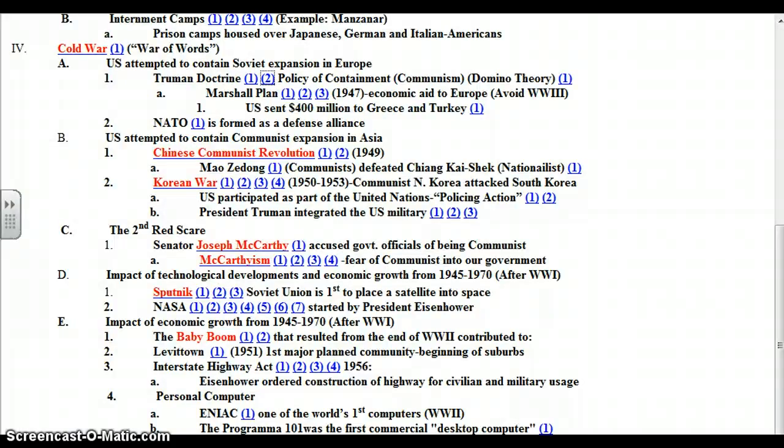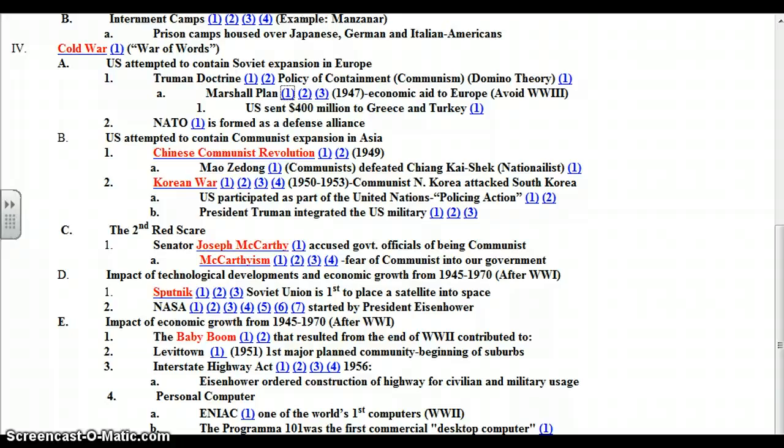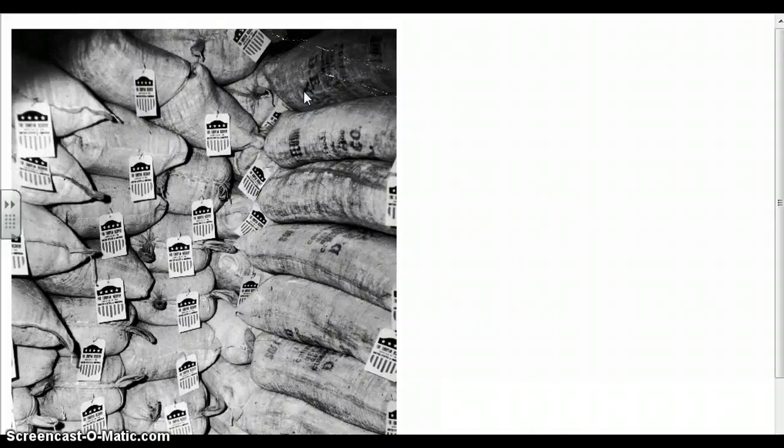Specifically, his plan was called the Marshall Plan, by Secretary of State George Marshall. It provided $400 million to countries in Greece and Turkey, but also lots and lots of money to other countries in Western Europe. The whole idea is to do different than the Allies had done after World War I. After World War I, they had charged the Germans a lot of money called reparations.